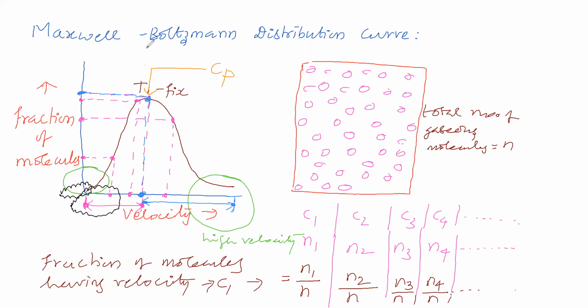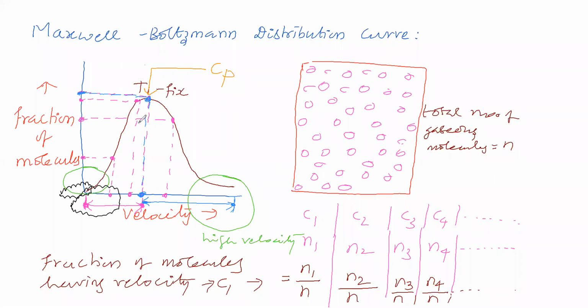Then how will it come above this? How can the maximum fraction of molecules having most probable velocity come above this? Can you say the T2 graph will be above T1? We can say the T2 graph cannot be above T1.